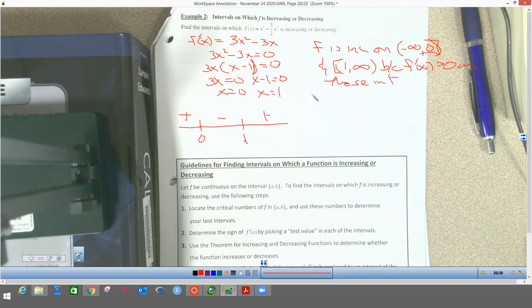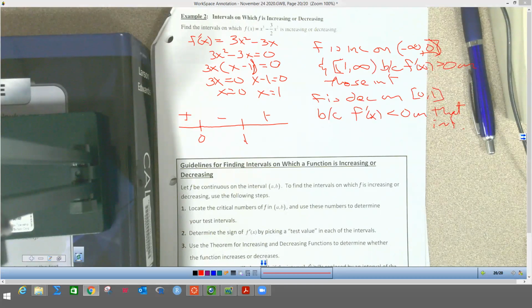And then we would say f is decreasing on 0 to 1 because f prime of x is less than 0 on that interval. Okay, so that's the second problem.